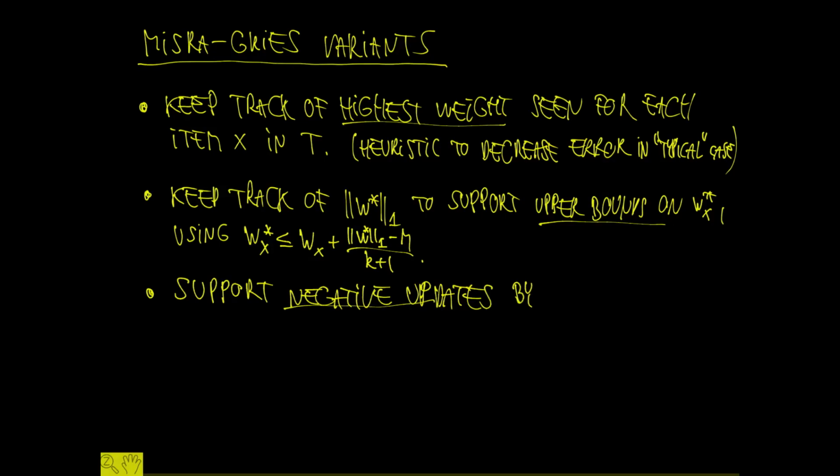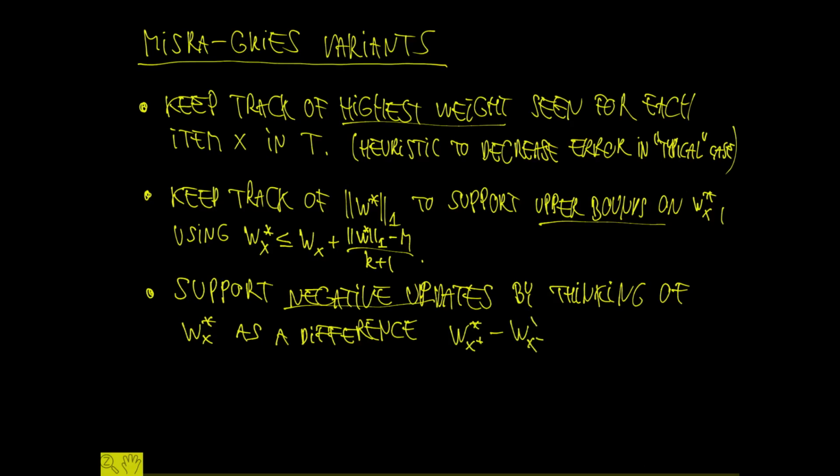Finally, it's possible to give some support for negative updates by simply thinking of negative and positive updates as affecting several separate variables. So instead of thinking of a true count as one variable, we think about it as a difference between two non-negative variables.